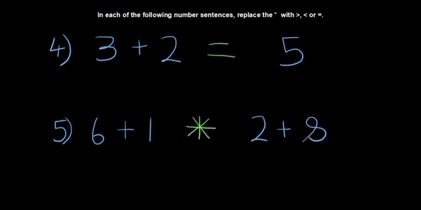So in this question, we have a 7 on the left hand side, and then we have a 10 on the right hand side. So we know that a 7 is less than a 10.